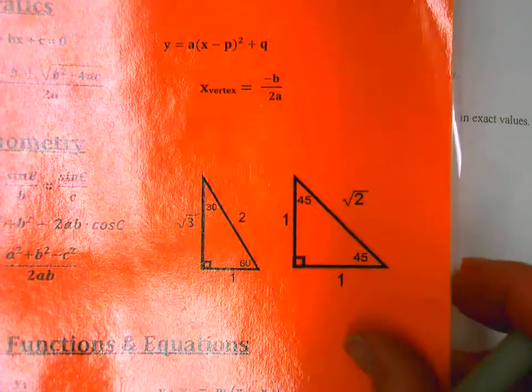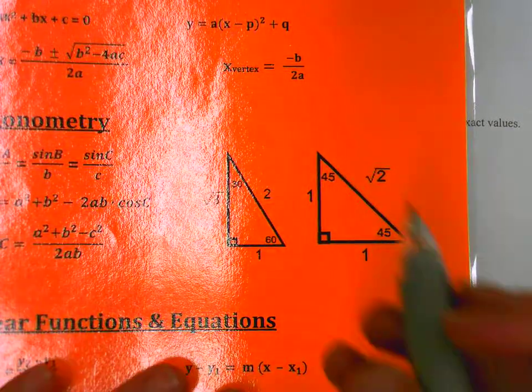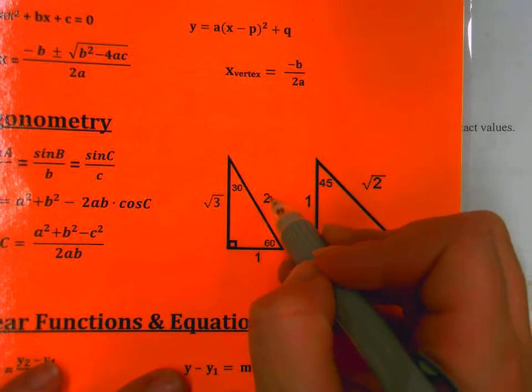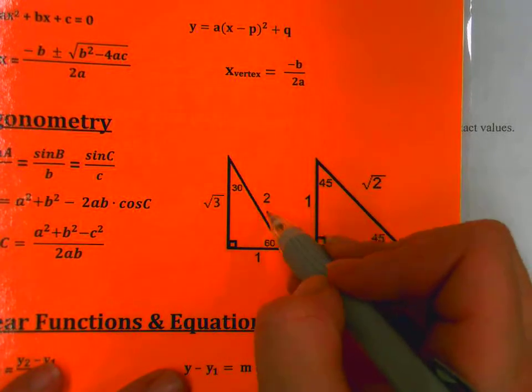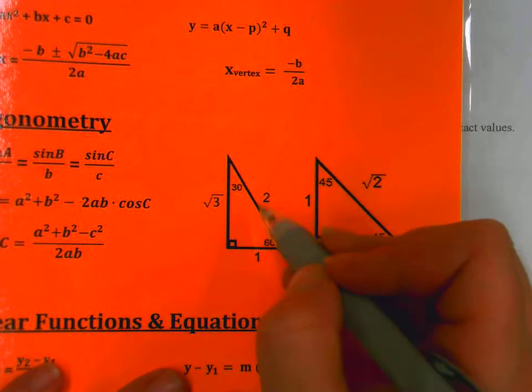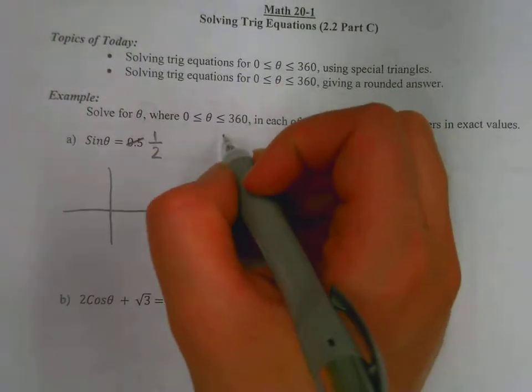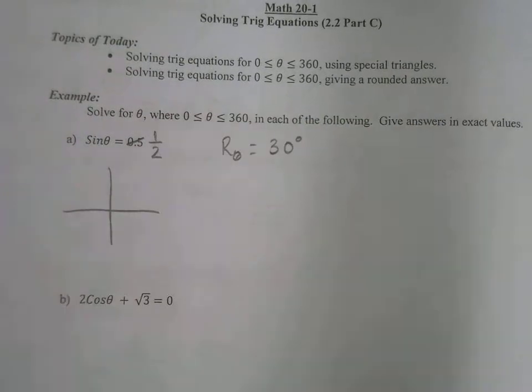I'm going to look for that ratio, 1/2. The opposite would be 1 and the hypotenuse would be 2, so this ratio of 1/2 represents the reference angle of 30 degrees.